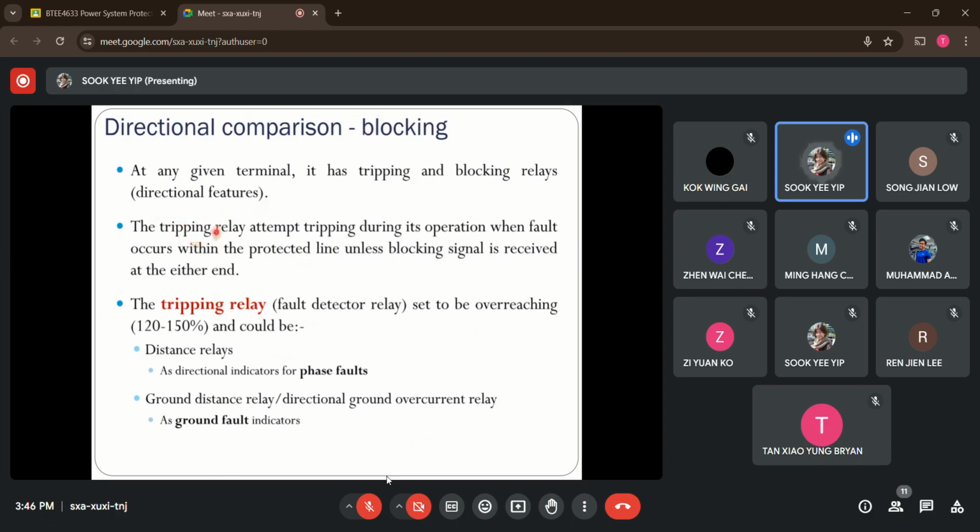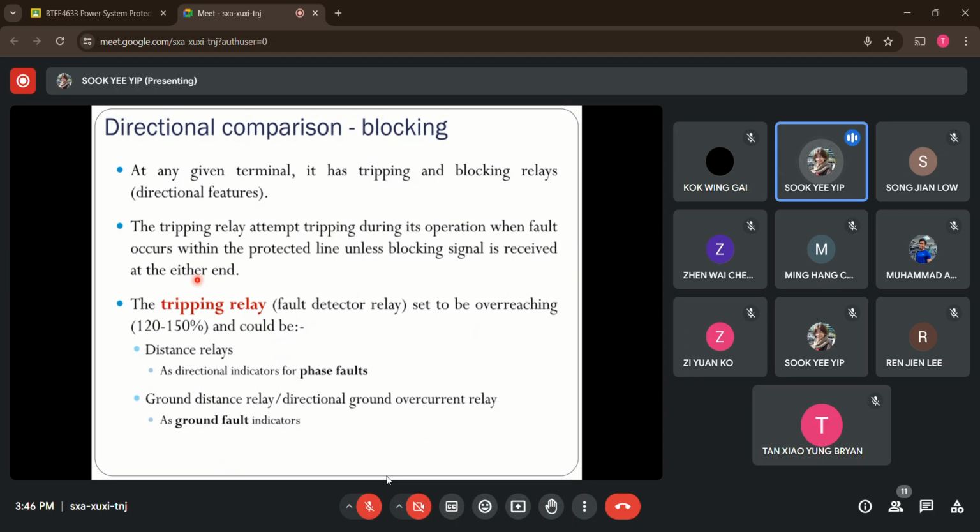From the name, you can tell it tries to trip. This tripping relay will try to trip the breakers whenever it senses a fault occurring within the protected line. Basically, you have this tripping relay look into the line you want to protect, so it will always ask the breakers to trip whenever it senses a fault within its sensing location, unless a blocking signal has been received at either end of the transmission line.